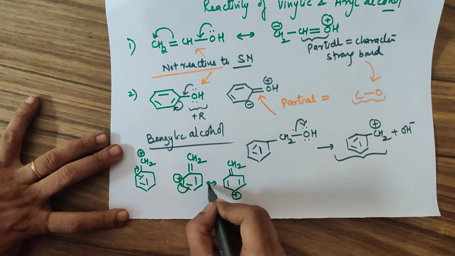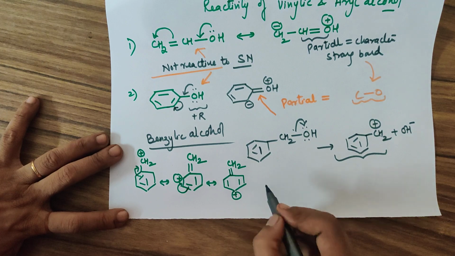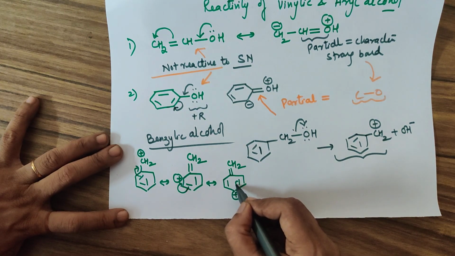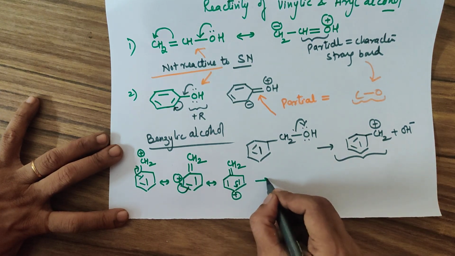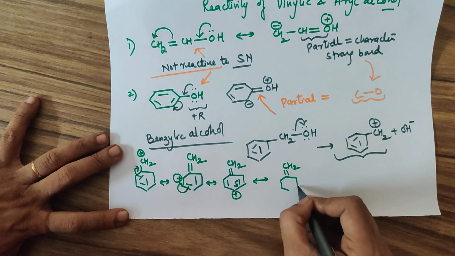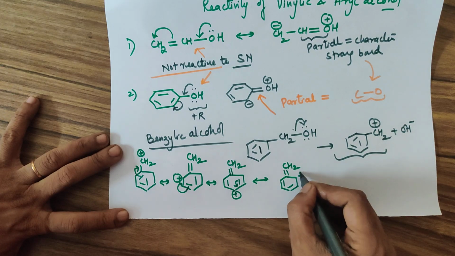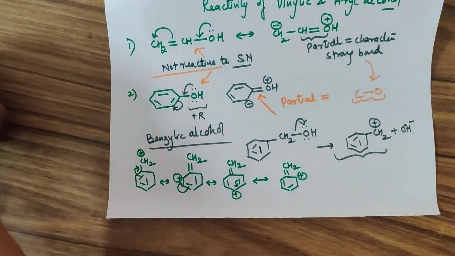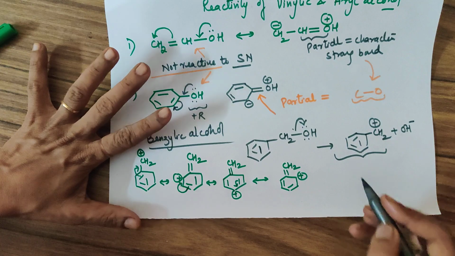Please draw a double-headed arrow between resonating structures. This bond again is requiring electrons, so pi bond shifts here. This bond goes here, this bond goes here, this is a positive. As you can see, it is resonance stabilized.